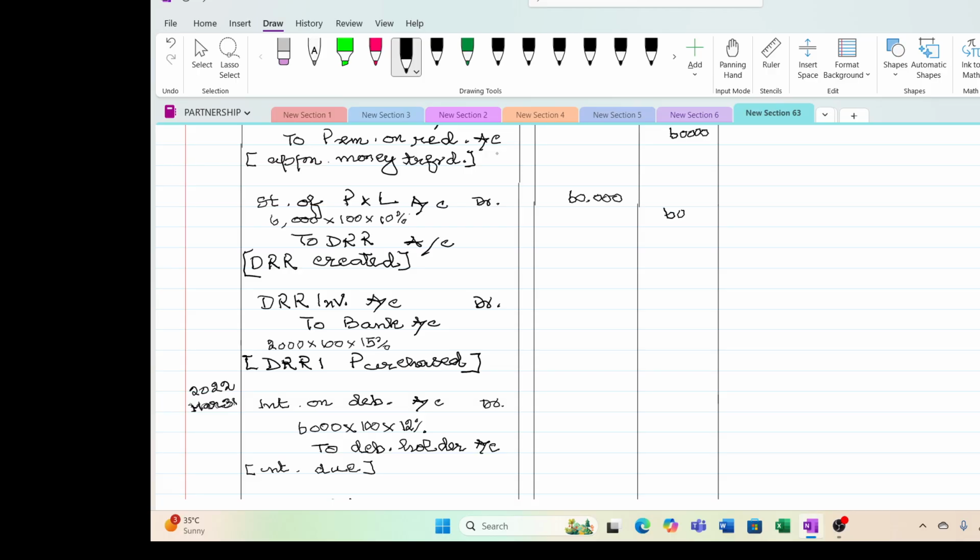You have to create the debenture redemption reserve for the total amount outstanding. Then the investment we will be creating only for the number of debentures which we are going to redeem in the current year. In this current year, on 31st March 22, we are going to redeem only 2,000. So we are going to create this at 15%, which is our 30,000.